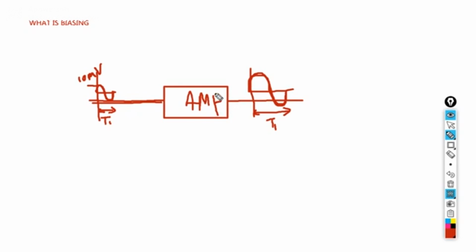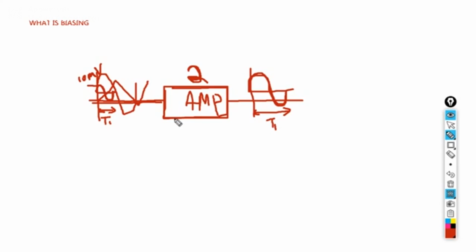So now this amplifier amplifies this signal with a factor of 2. Suppose I give a different signal with a different frequency, this amplifier has to amplify it with the amplification factor of 2, irrespective of different parameters.